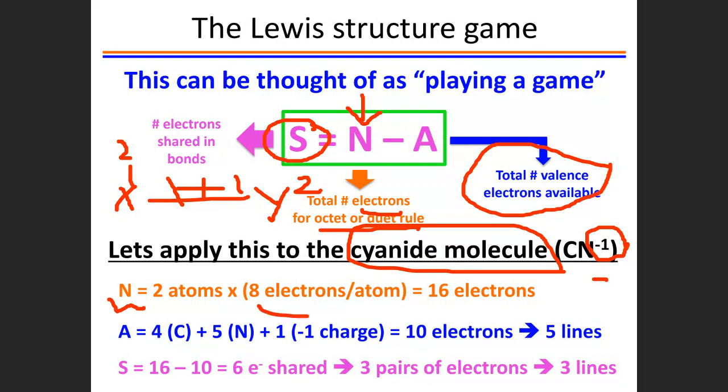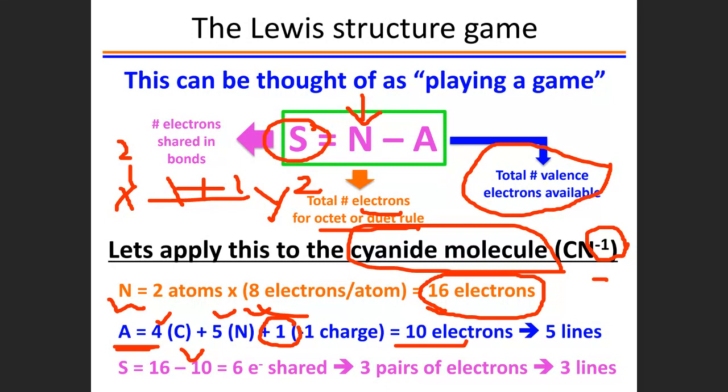So for the 2 atoms, the total electrons will be 16. Now A represents valence electrons. What is the valence electron for carbon? 4, correct? Plus the valence electron for nitrogen is 5. But you see, nitrogen already borrowed 1, so we have to add this one also. So the total 5 plus 4 plus 1 is 10.